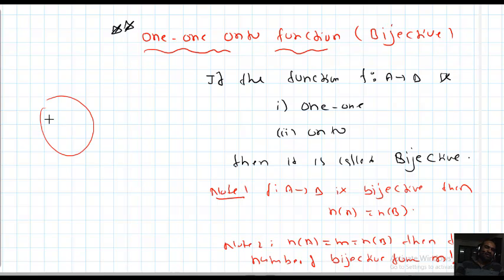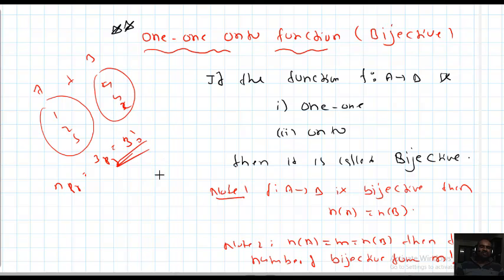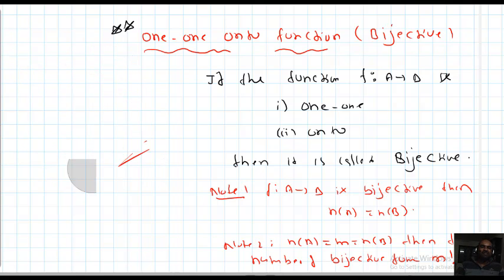What happened here? 1, 2, 3; here also a, b, c. So here 3, here 3. How many onto functions exist from A to B, those many are bijective only. How many one-one functions exist from A to B, those all are bijective only. What is the formula? nPr, no? 3P3 means 3 factorial only. Understood? That's why if a set has m elements and the second set also has the same m elements, then bijective functions exist, and the number of bijective functions is m factorial.